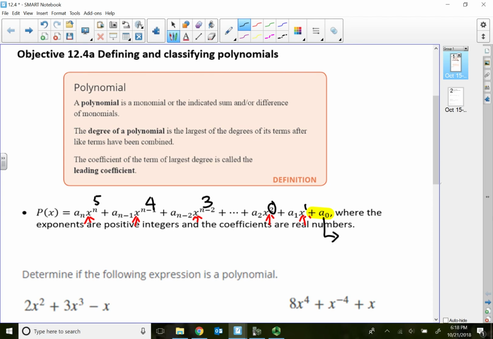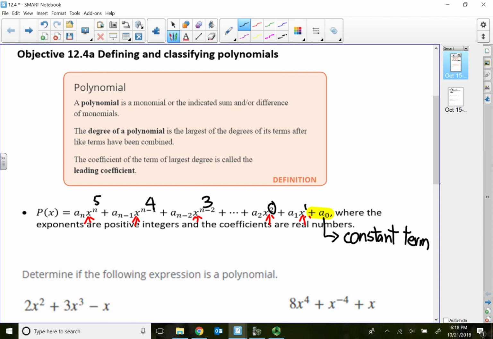That very last term is called the constant term. The wording constant term, back in module 8, I mentioned, is a term without a variable. The reason it does not have a variable is because that variable is actually to the 0 power. So we consider that particular term in a polynomial as the constant term.